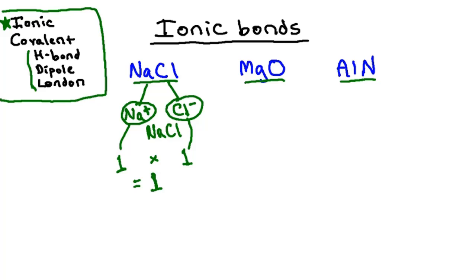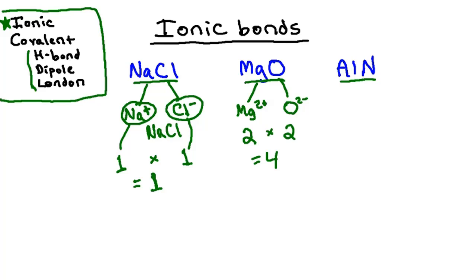Now, magnesium oxide, if you separate the magnesium from the oxygen, magnesium has a 2 plus charge, and oxygen has a 2 minus charge. And so we're going to take that 2 from the magnesium's charge and that 2 from the oxygen's charge, multiply them together, and you're going to get 4.